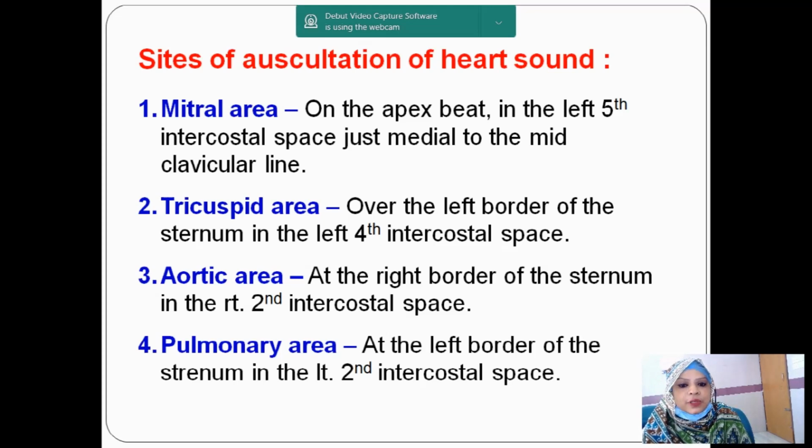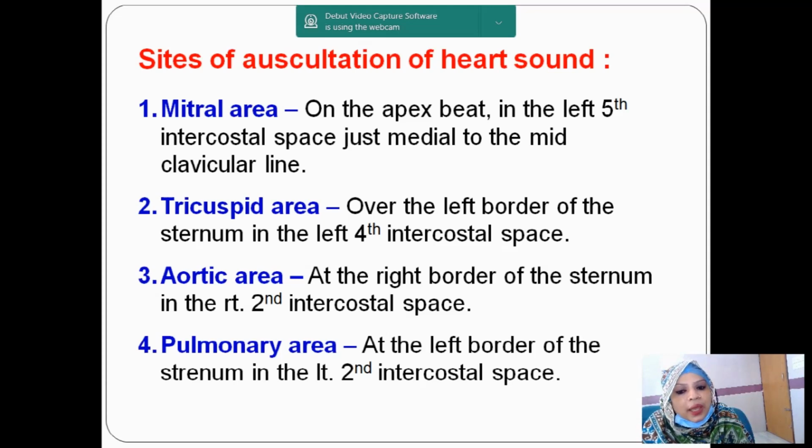The location of the aortic area is at the right border of the sternum in the right second intercostal space. The pulmonary area is on the same level but at the left border of the sternum in the left second intercostal space.